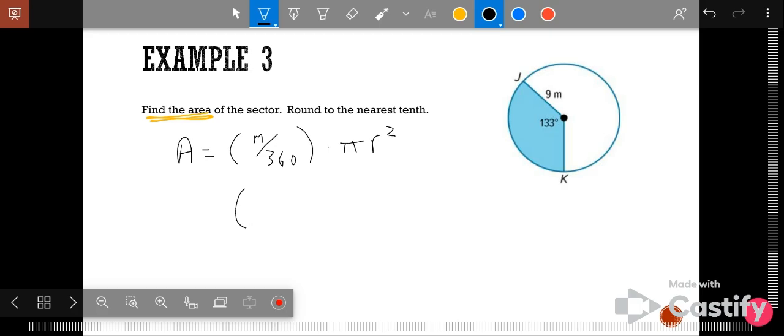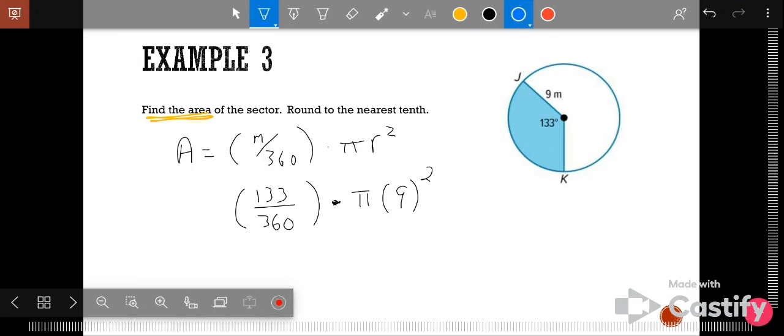Here our measure is 133 degrees, times pi, and then I would put the radius, which is that 9, in parentheses, and square it.